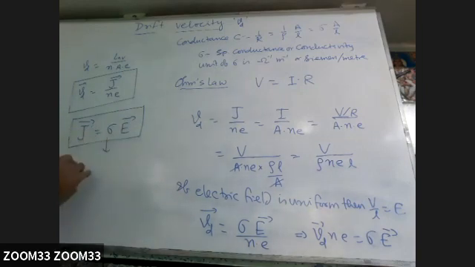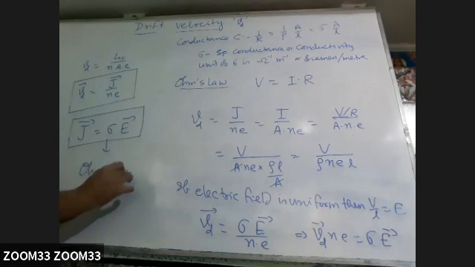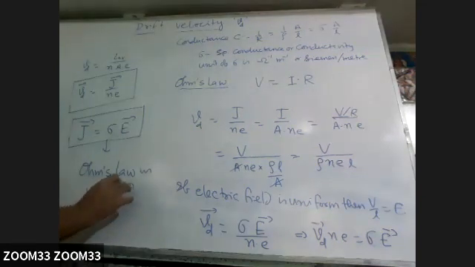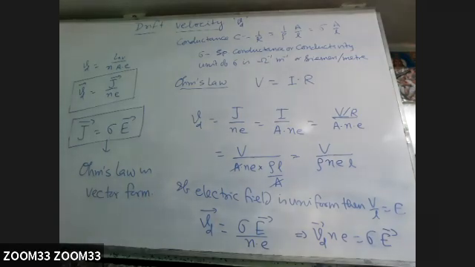This we sometimes call Ohm's law in vector form. Current density J equals sigma E. Current density and electric field will always be in the same direction.